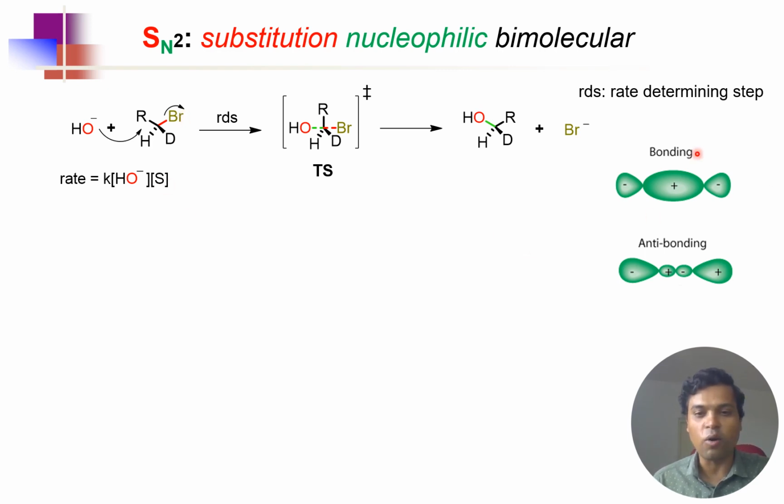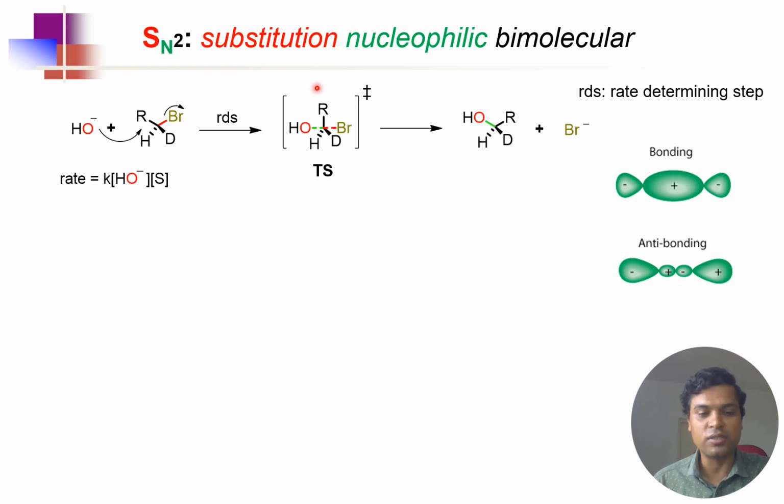If you see the orbital picture of the bonding orbital and the anti-bonding orbital of the carbon-bromine bond, the anti-bonding orbital is opposite to the carbon-bromine bond. Here the orbital coefficient is larger, and the nucleophile attacks the antibonding orbital of the carbon-leaving group bond. Therefore, in the SN2 mechanism, the nucleophile always has to come from the back side of the leaving group.